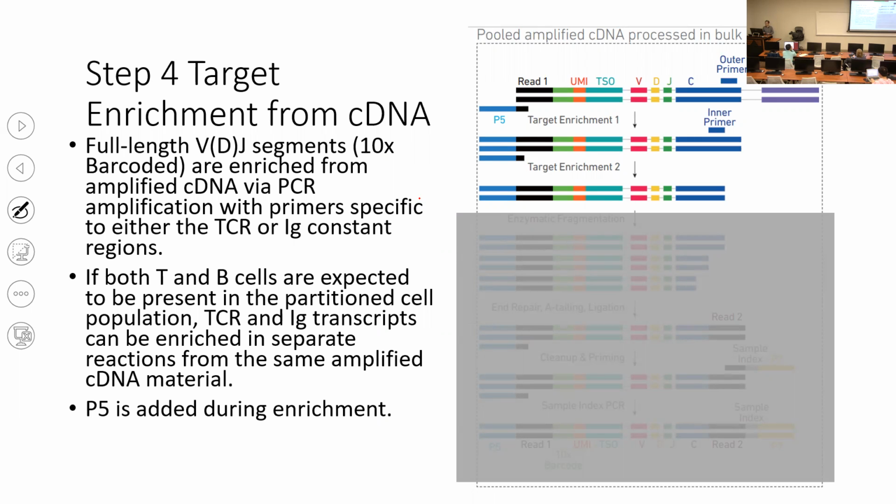So the next step is important. I will leave you a couple of minutes to think about this. For the tube on your left, we are going to amplify cDNA using PCR. But this PCR primer was specifically designed to only amplify the T cell receptor region.